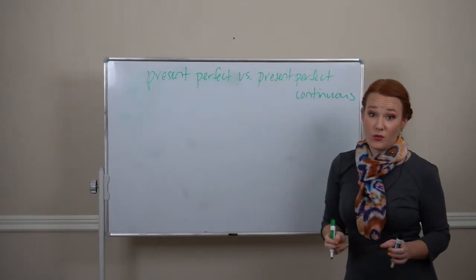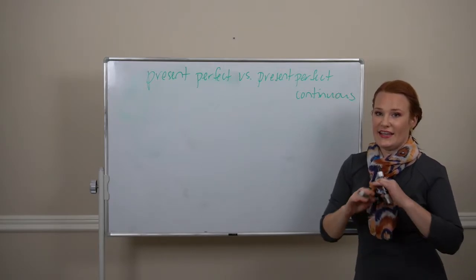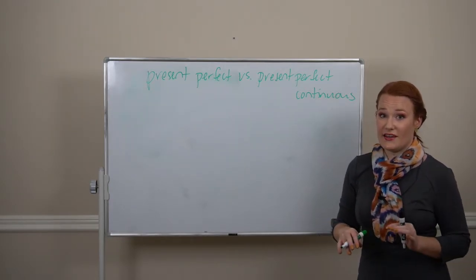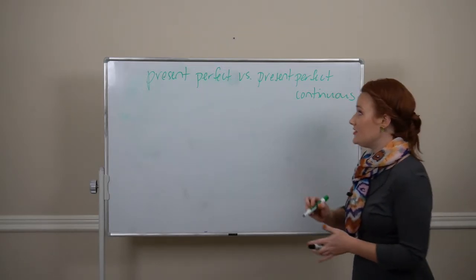Okay, so this is another one where you need to remember that continuous tenses cannot use stative verbs. So if we have a stative verb, we have to use present perfect.